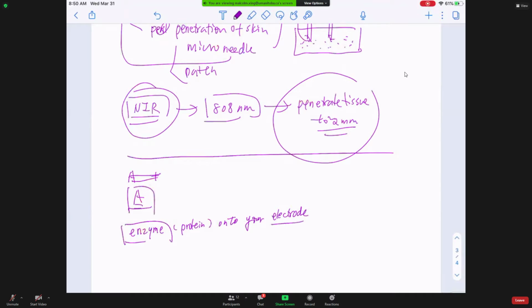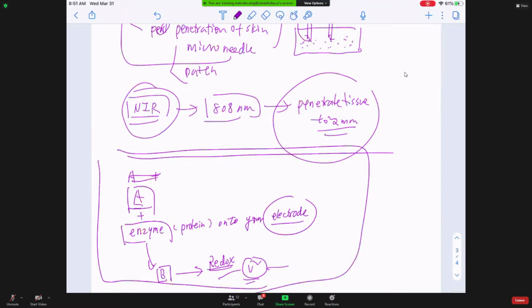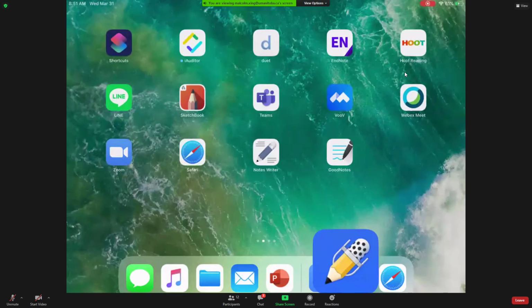If A comes in, it will specifically react with the enzyme, because this enzyme only reacts with A, and so we form B. If B forms, then in electronics terms we call it a redox reaction, and this changes the voltage, and then we get the signal. So that's the kind of mechanism.